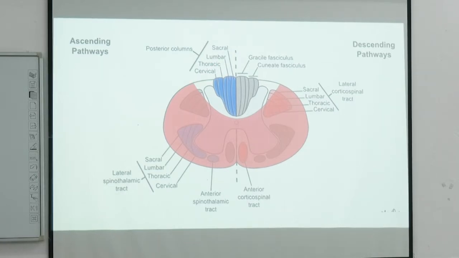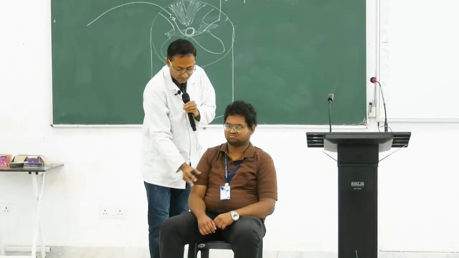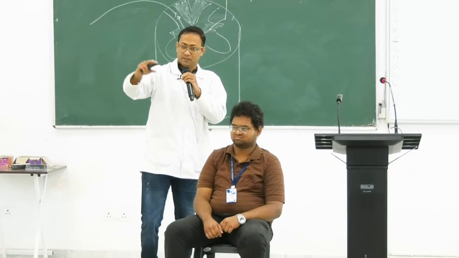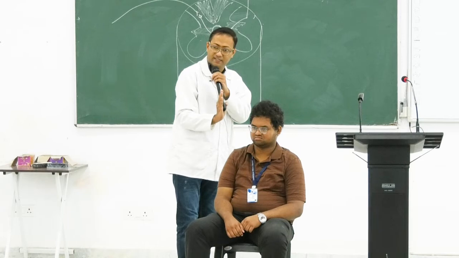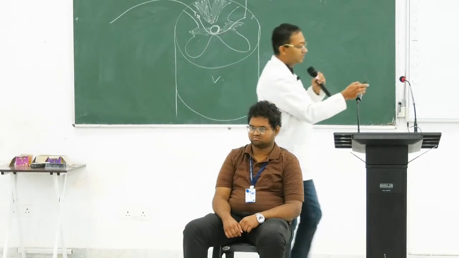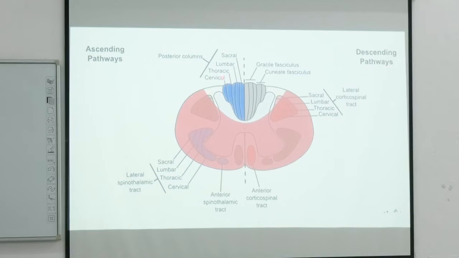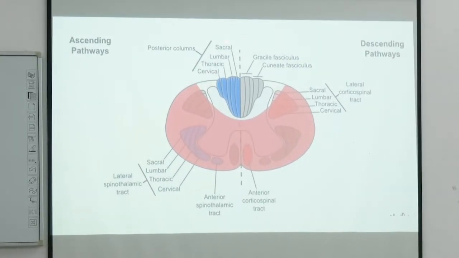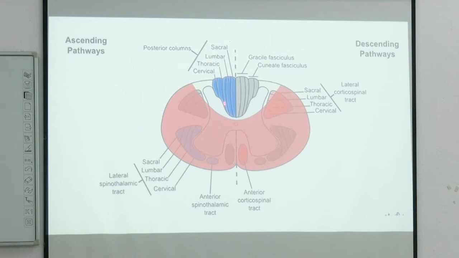That means the proprioceptive fibers from the superior extremity and thorax enter the spinal cord and remain most lateral. The sacral and lumbar fibers, from the trunk and lower extremity, are located medially.